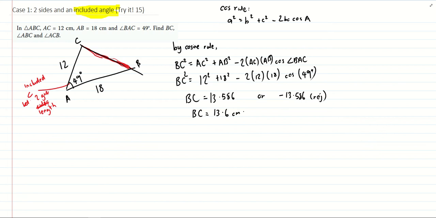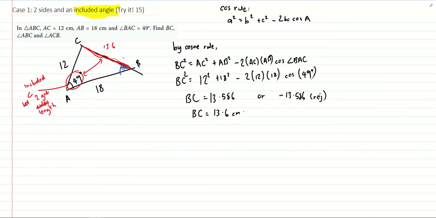Now what we want to find is angle ABC and angle ACB. Of course, in this case, later on you will see that we can actually use the cosine rule to find the angle itself. But since I'm already given three lengths and one angle, I already have this 13.6, which is linked to this.